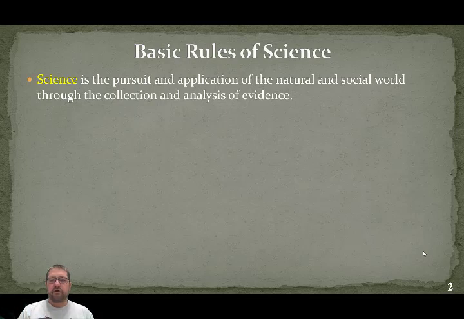They're considered soft sciences. But in general, the purpose is the same, whether we're talking about a hard science or a soft science. The purpose is to gather evidence, analyze the evidence, and make decisions, conclusions, etc., based on that evidence. So it's the pursuit of answers.